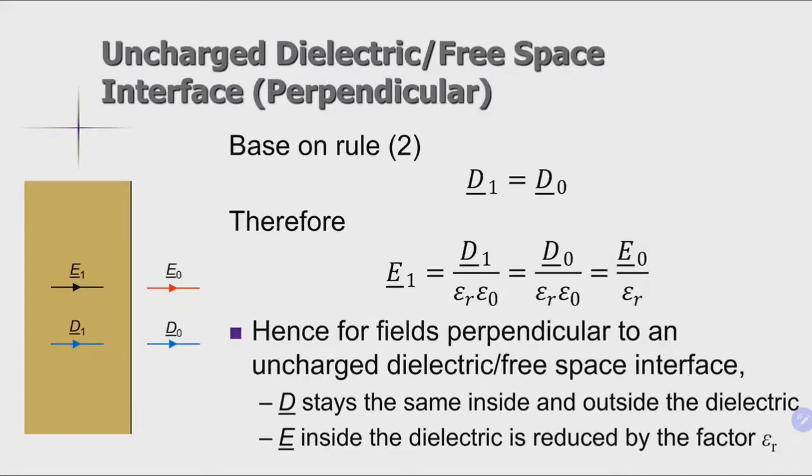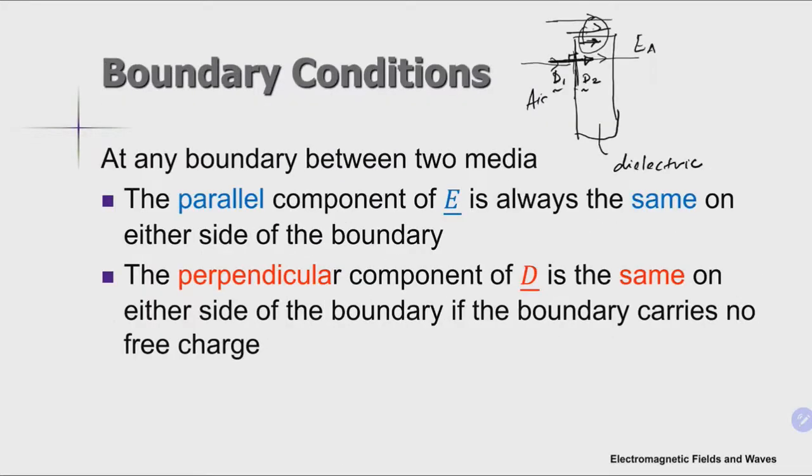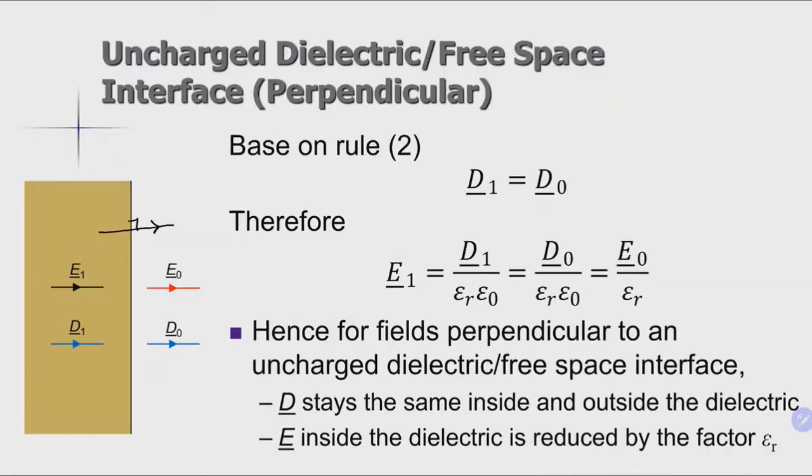The next one is perpendicular. So we apply the field perpendicular to the interface. Then based on rule number 2, for perpendicular, D is the same. So parallel, E is the same; perpendicular, D is the same. So D1 will be equal to D0.